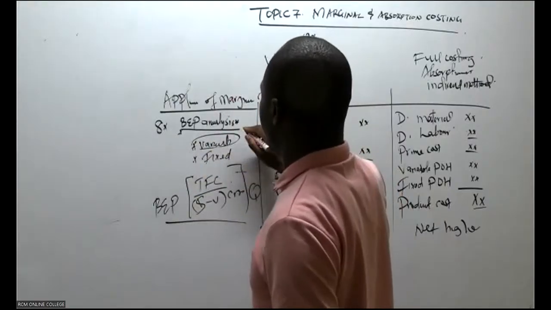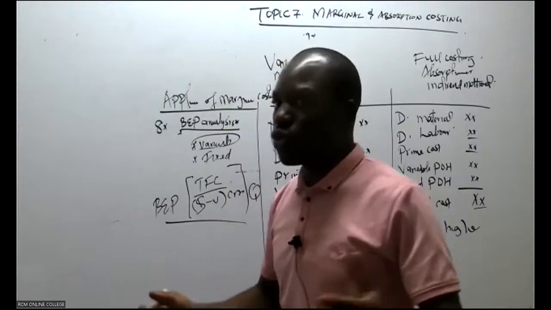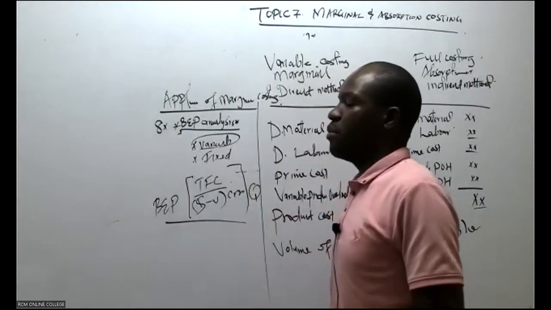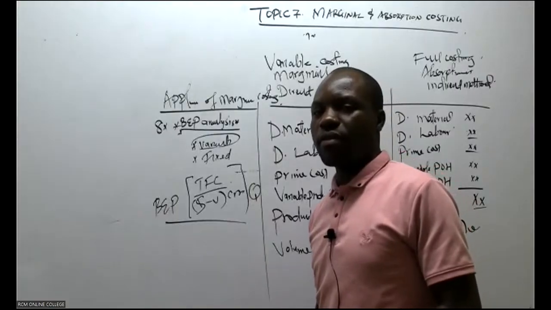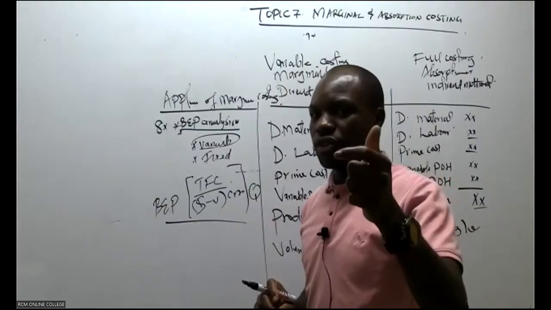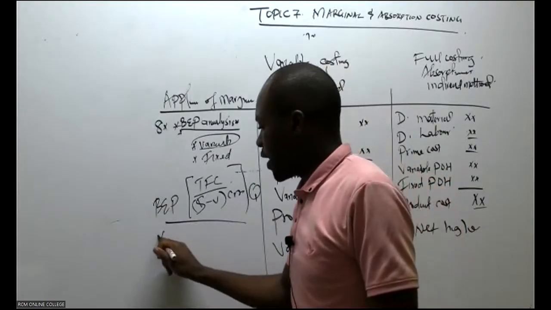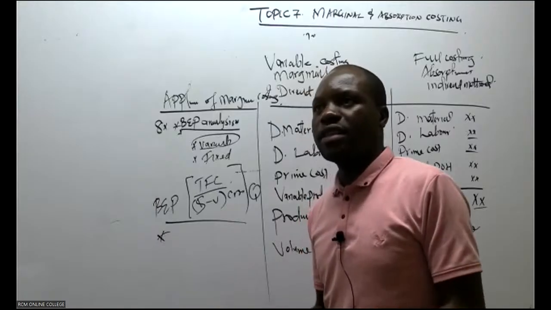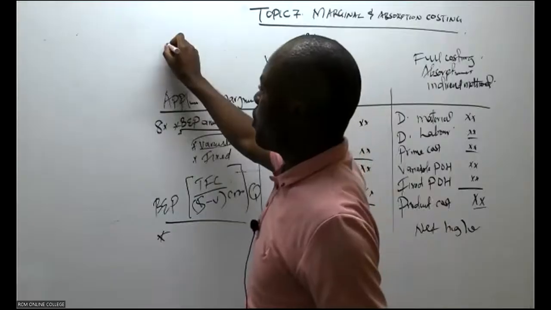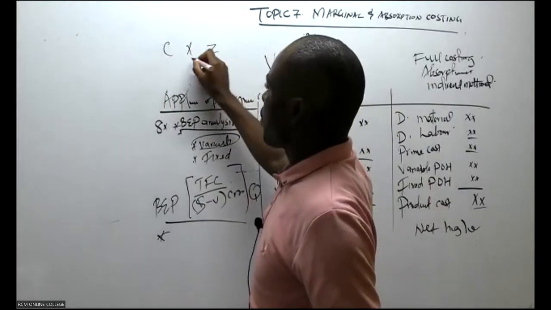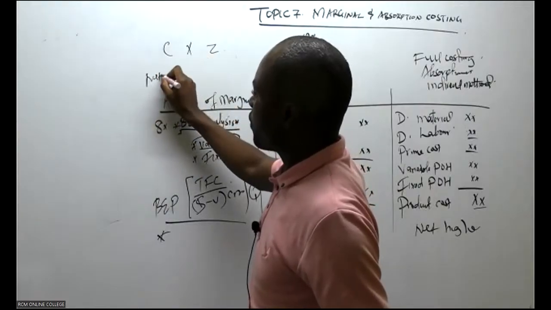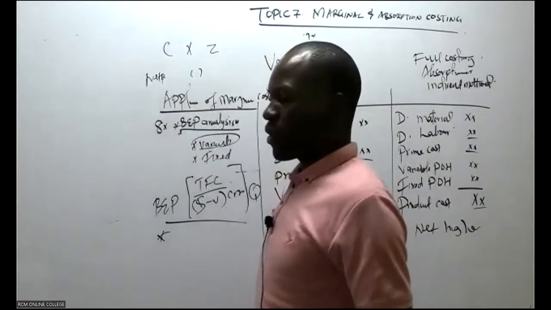So basically, if you are asked to give maybe 2 or 3 applications of marginal costing, number 1 is that it is used in break-even point analysis to identify the break-even point at which the company will not be making losses or profits. Another application: the company is producing 3 products, C, X, Z. But out of these 3, if you look at the net profit, this one here is negative.